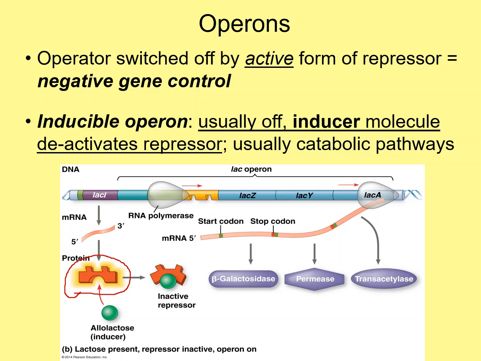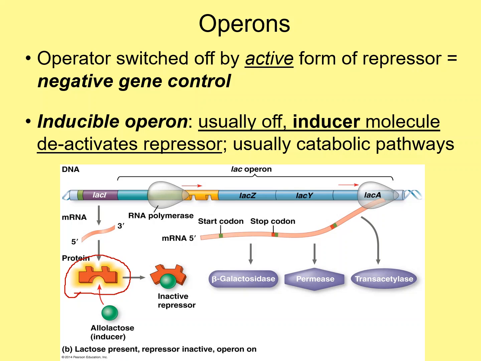We have to essentially turn the operon on, and in inducing the operon, we have to deactivate the repressor, right? So the repressor needs to be bound to something else, which is a molecule that we call the inducer. It's inducing a change in the repressor molecule that actually converts that repressor molecule into its inactive form.